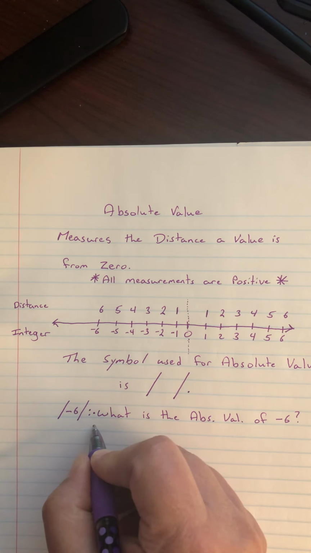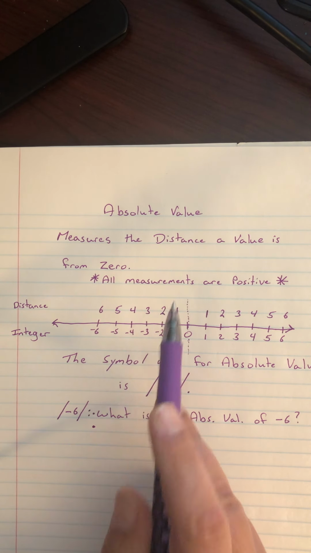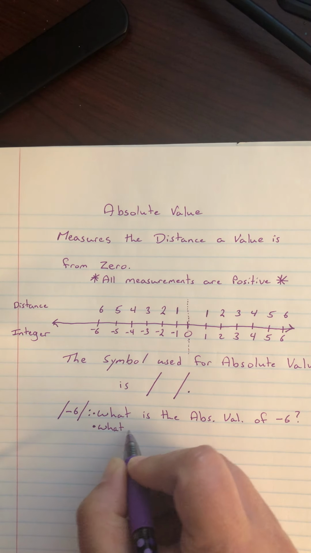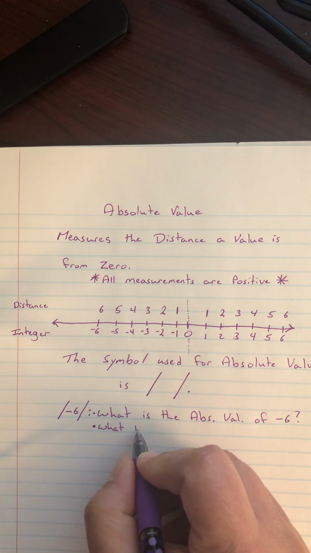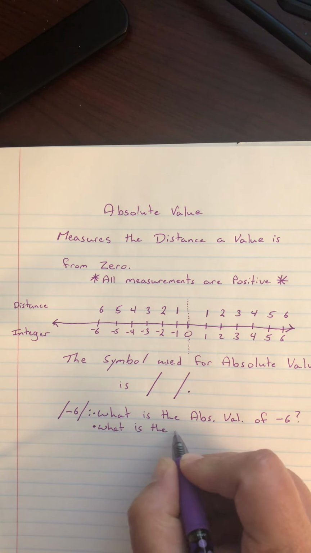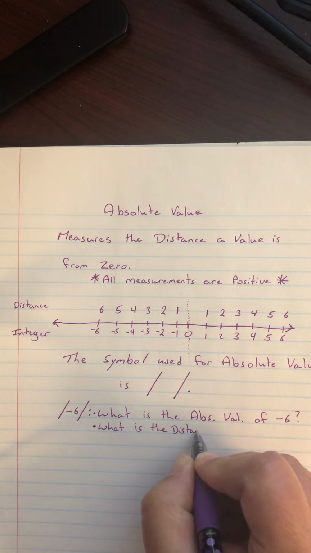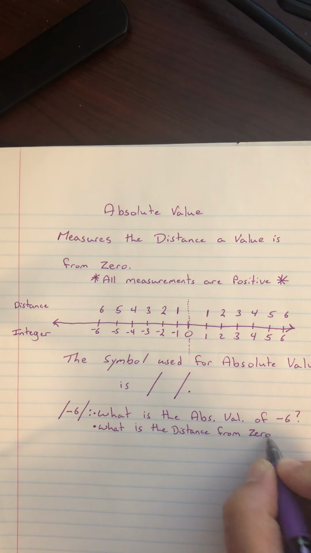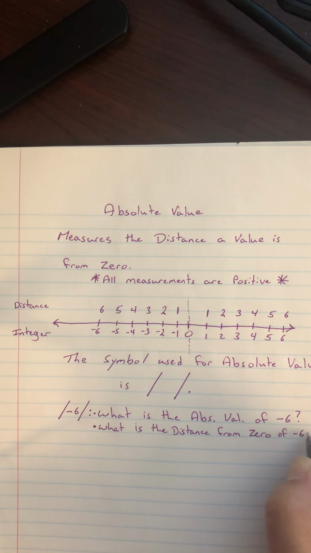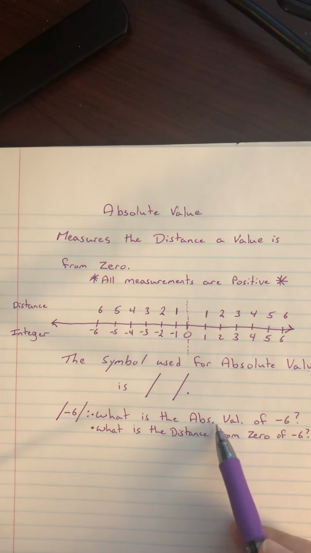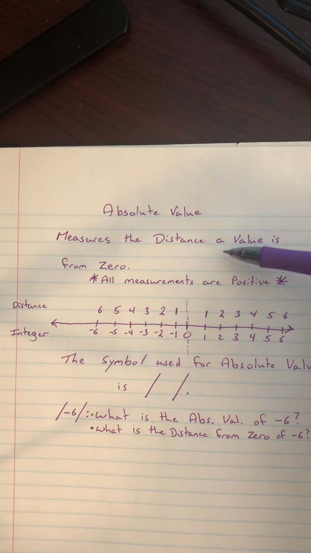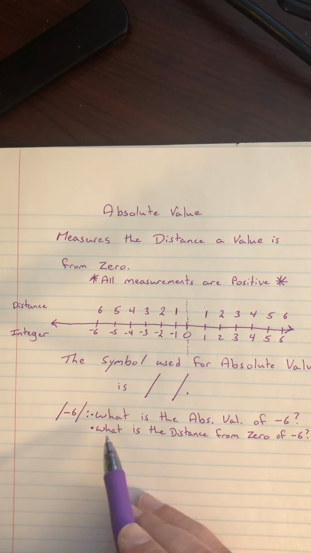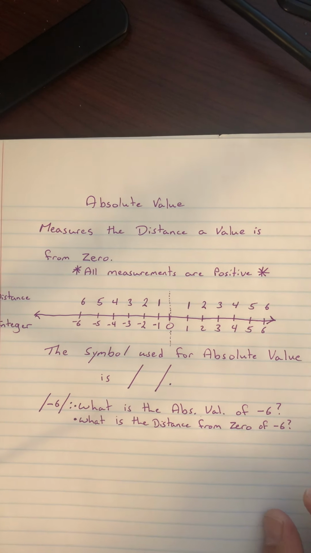If we look and understand what we wrote up here, it is saying, what is the distance from 0 of negative 6? Same question. What's the absolute value of negative 6? Absolute value is the distance from 0. So what is the distance from 0 of negative 6? Same exact thing. It's asking you both those at the same time.